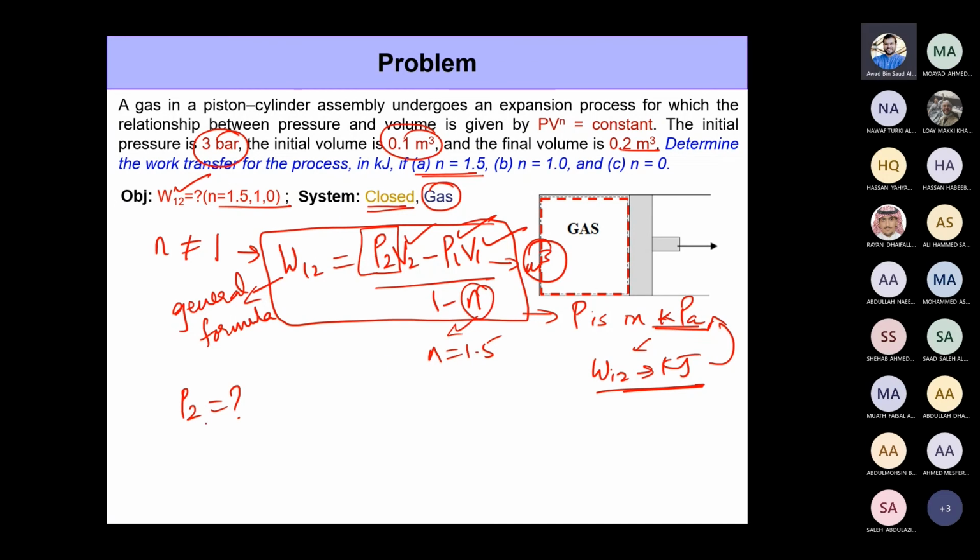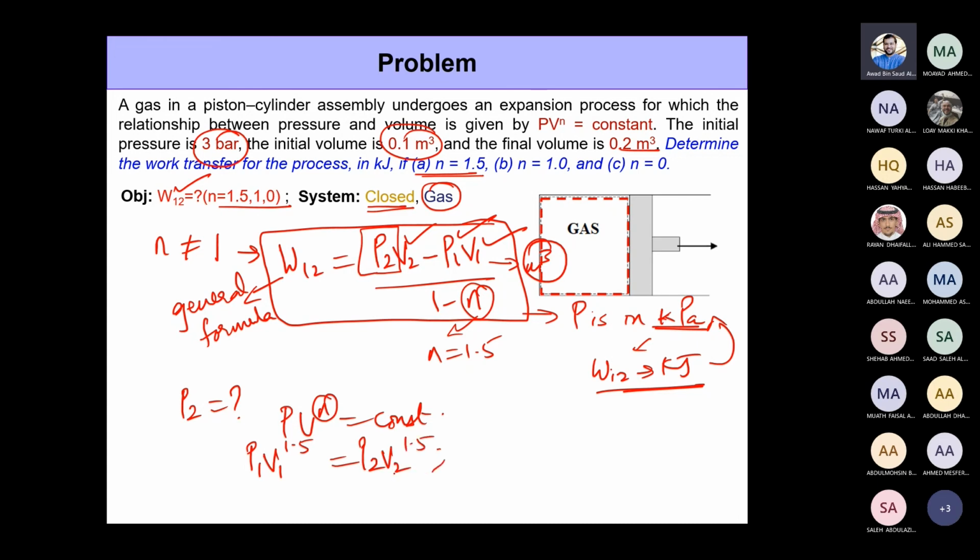You're somewhat close, but we are limited by PV raised to n being a constant. So we cannot relate just PV1 to PV2, but we also have to include this number n. What we can surely say is P1 V1 raised to 1.5, since n is 1.5 here, is equal to P2 V2 raised to 1.5.